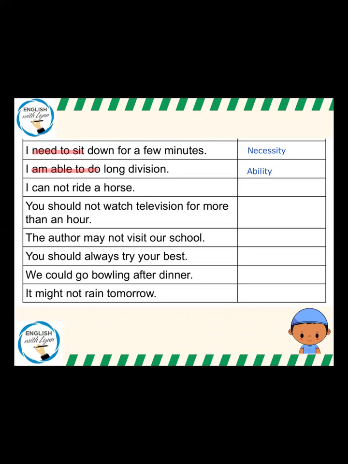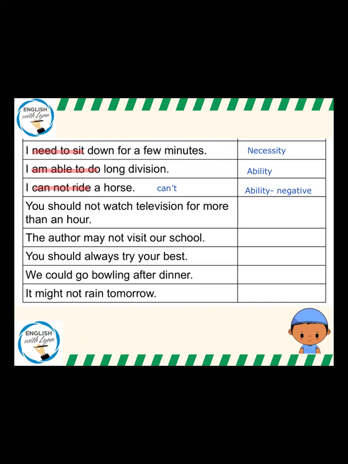We could have used the contraction, so I could have said, "I can't ride a horse." Some of these you can use contractions with, but I have used the complete form. So, I cannot ride a horse. It is showing my lack of ability, because it is a negative. When you have the not in it, it is turning it into the negative.